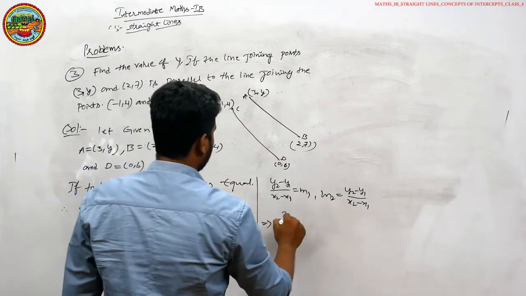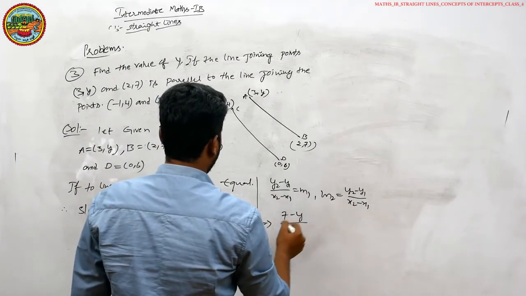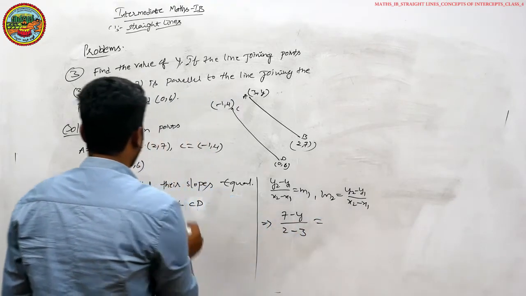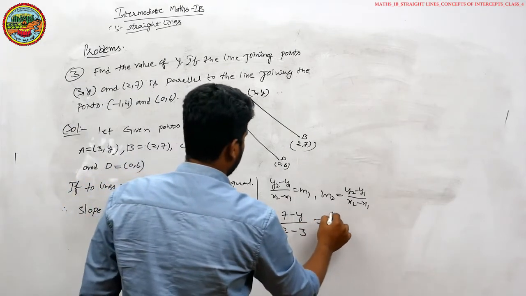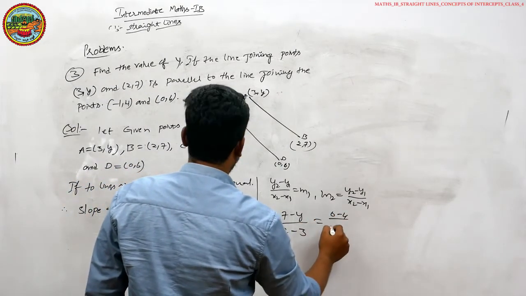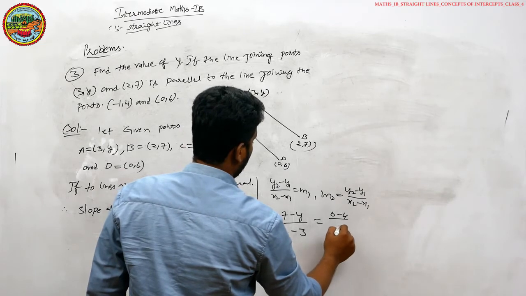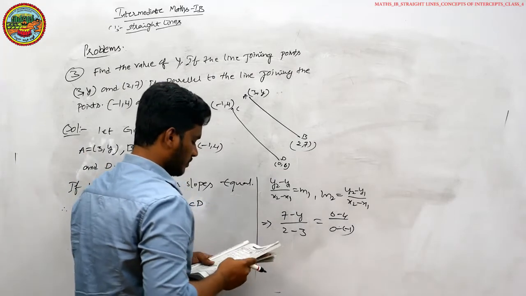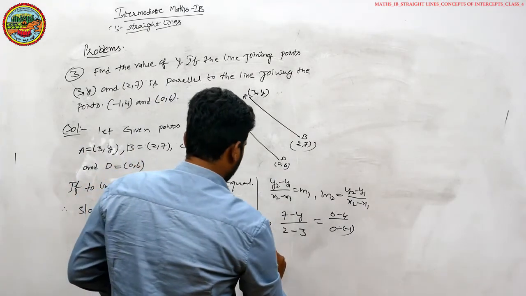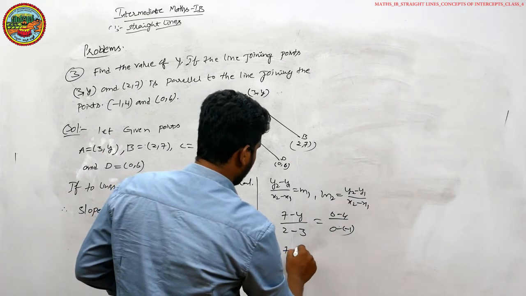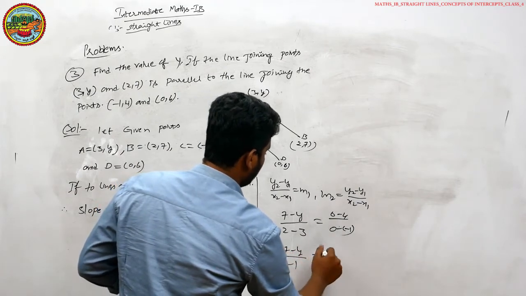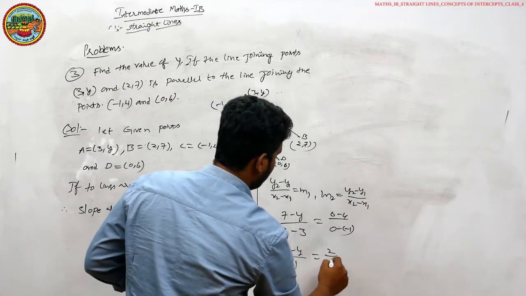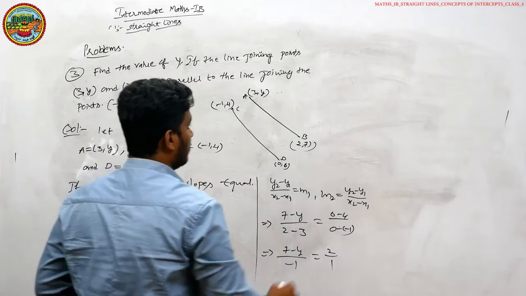So (7 - y)/(2 - 3) = (6 - 4)/(0 - (-1)). So (7 - y)/(-1) = 2/1, since 6 - 4 means 2, and 0 - (-1) is 1.